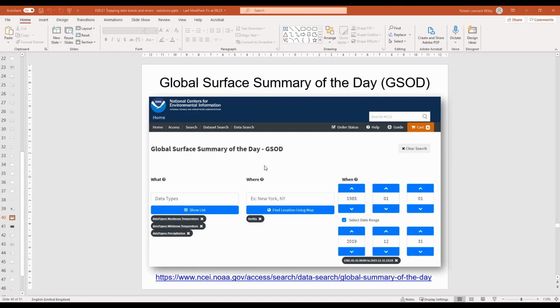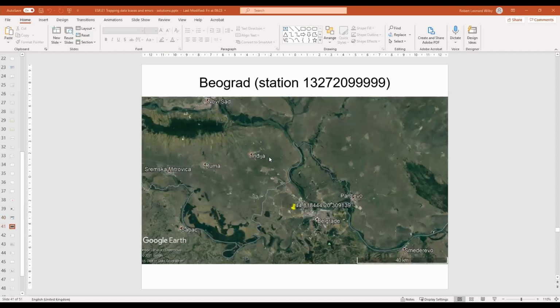So just to demonstrate this, what we're looking at is the data set from Belgrade, and this has been accessed from the portal I've just shown you, and you should be able to see your Excel file. And I've just given you the raw data. Later on, I can supply you with a file with all the solutions and some of the answers that we're going to be looking for shortly.